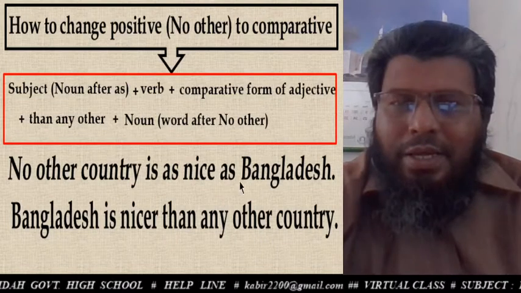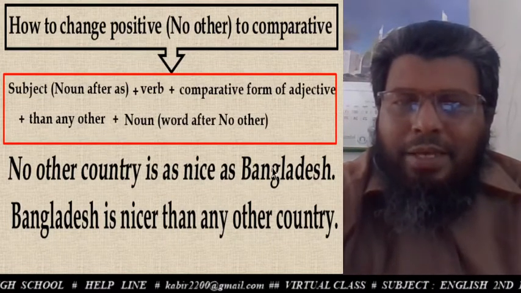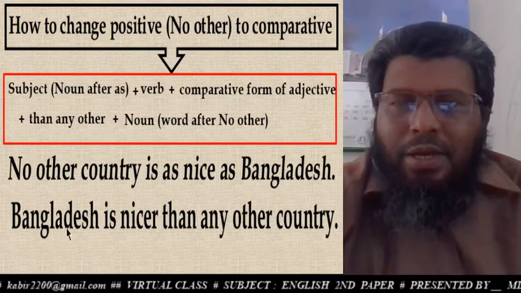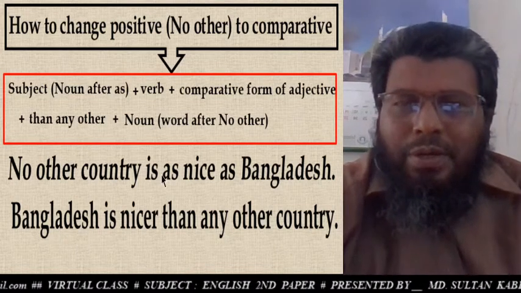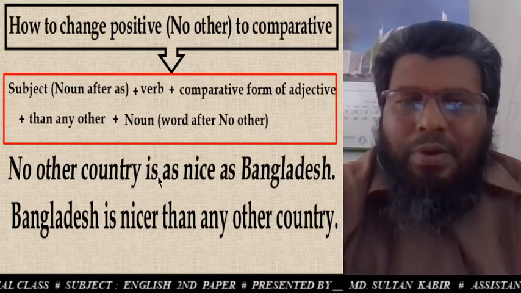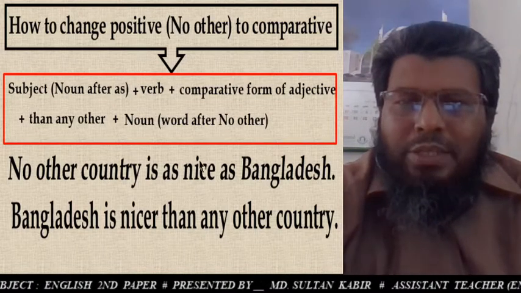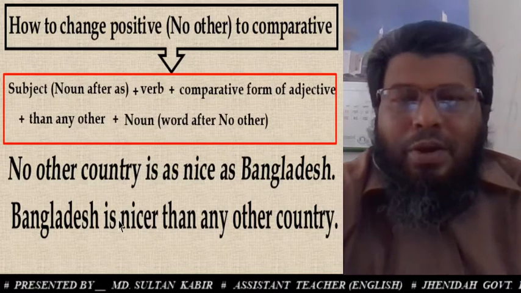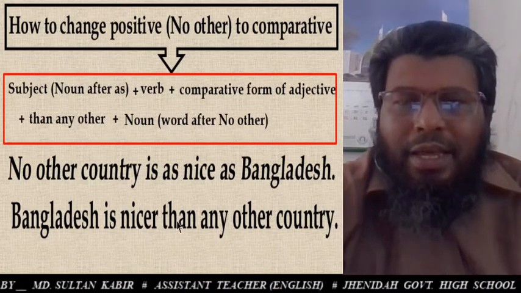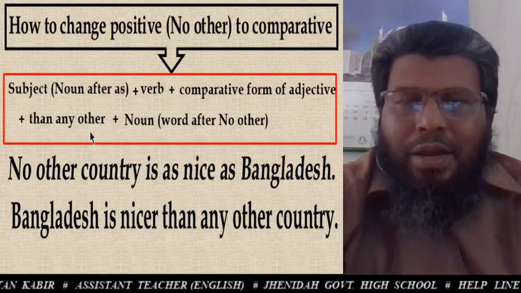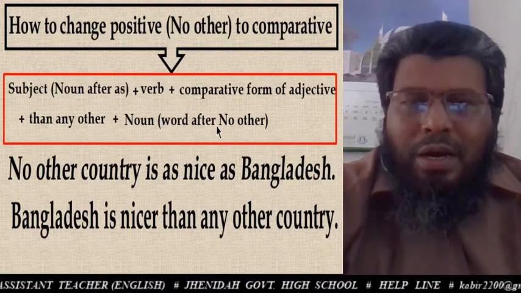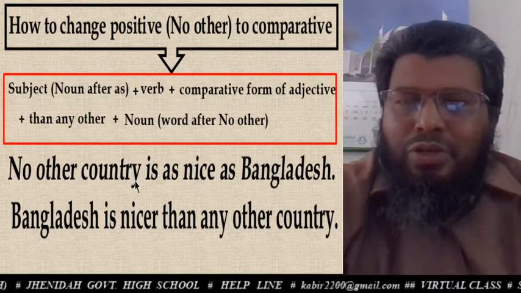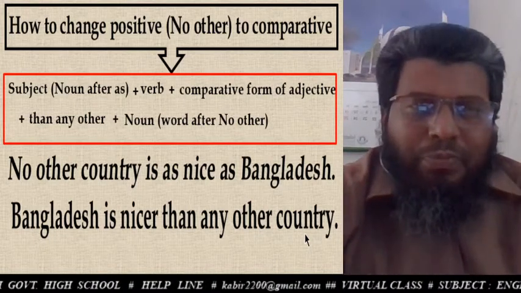Bangladesh. Look, the last noun after as, Bangladesh, is used here as a subject, and after this the verb is, and after the verb the comparative form of the adjective nice. The comparative form of nice is nicer. Okay, then any other, and after any other the noun that was after no other. No other country. So here is the country.